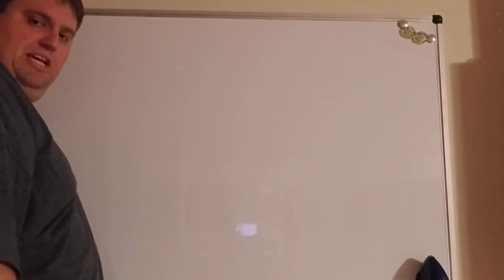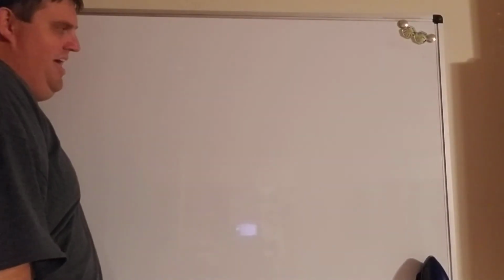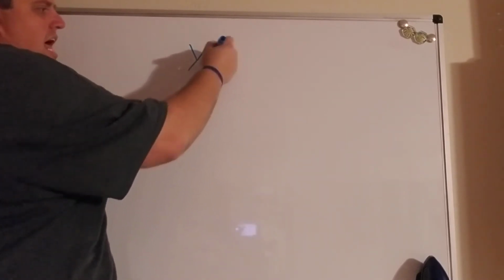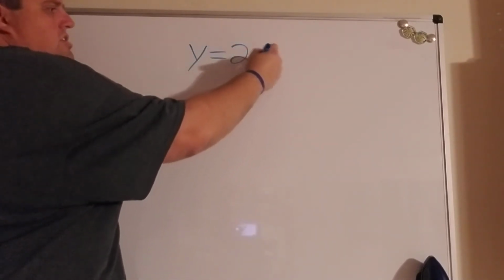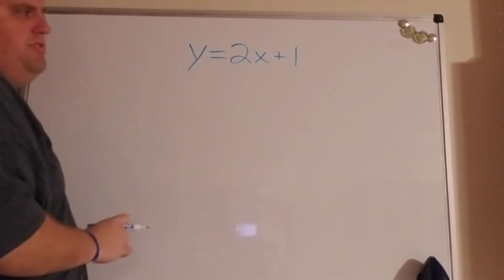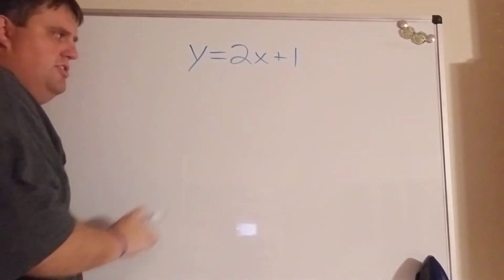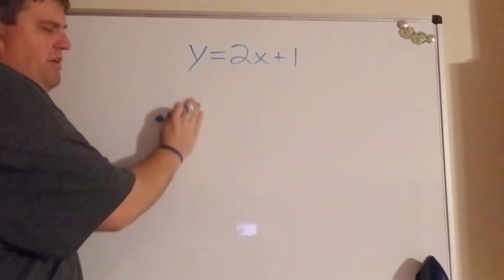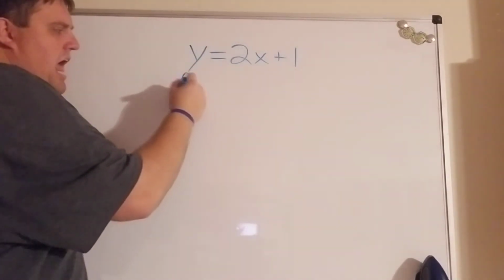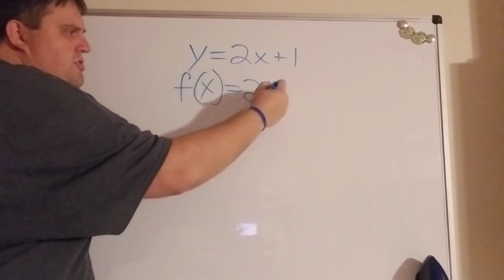This is one of those weird things that they just throw in because I don't know why. When I say something like a line is y equals 2x plus 1, function notation is basically saying, hey, this thing is a function, so I'm going to write it a little differently. Instead of using y, I'm going to use something like f of x equals 2x plus 1.